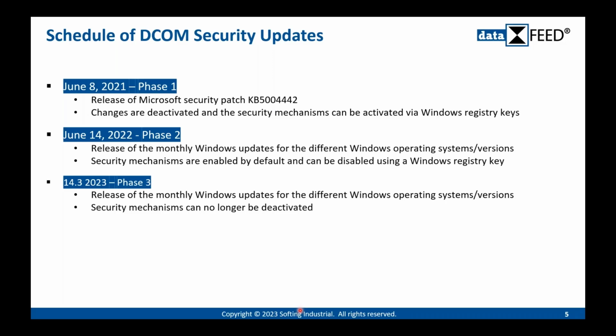Microsoft released, with the monthly Windows updates for the different Windows operating system versions, an update and patch, and in this patch the customer more or less has the problem that the security mechanisms are enabled by default. So maybe some of you have already detected some problems last year. But Microsoft still offers the customer the possibility to disable this new security mechanism.